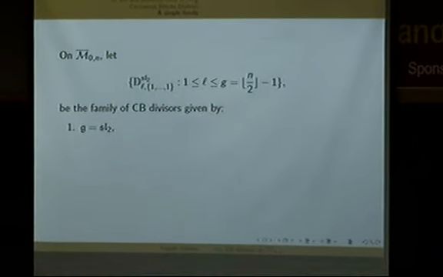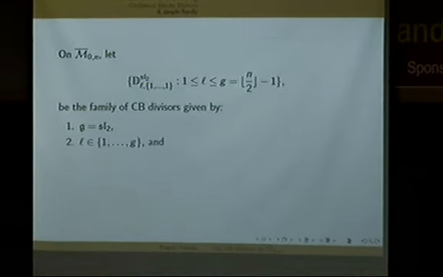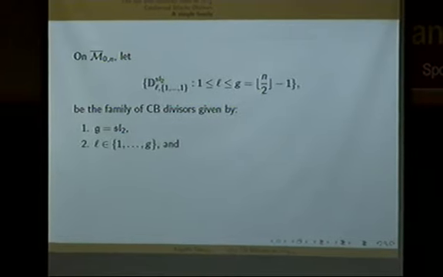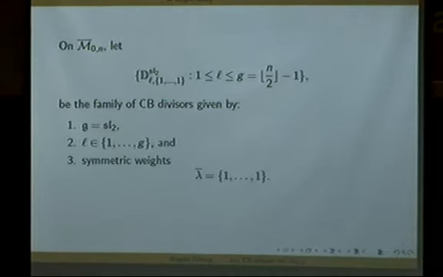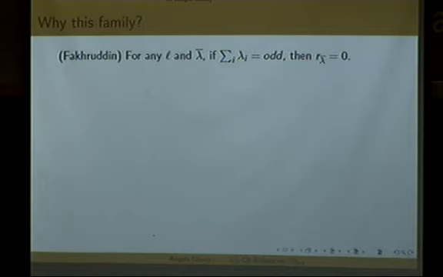Okay, so this is a family defined by g equals sl2. We're taking our level to go between 1 and g, and symmetric weights lambda, all ones. Okay, so why are we looking at this family? Well, this is what I just told you here. For any level and lambda, if the sum of the lambdas is odd, then the rank is 0.